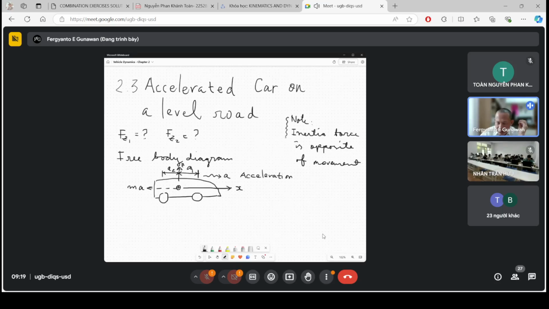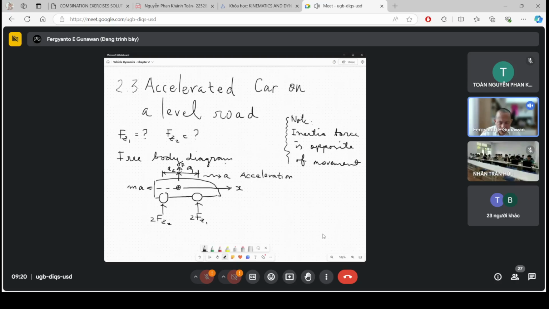This part is important for you to remember: the inertia force is always in the opposite direction of the movement. So we have an inertia force in this direction, and down here we have a normal force in the z direction. We also have a normal force at the front wheel, and here we multiply by 2.